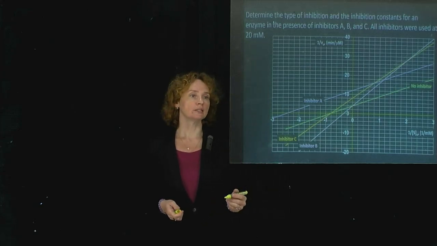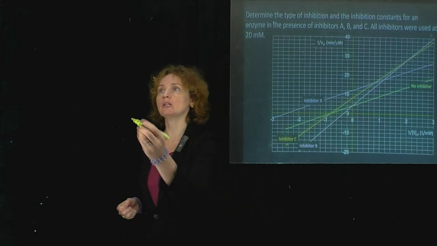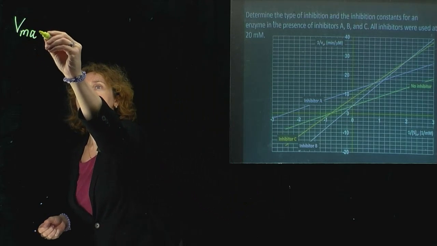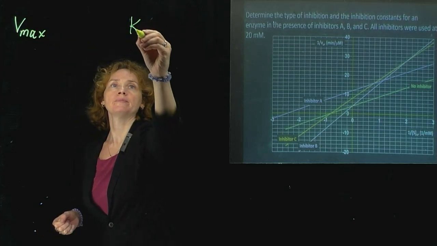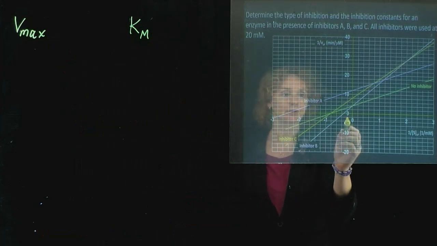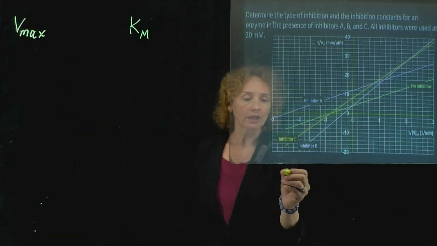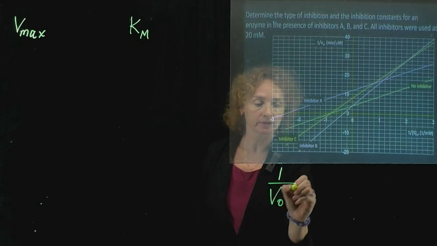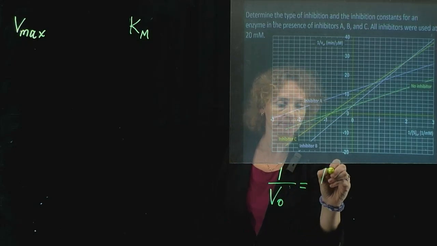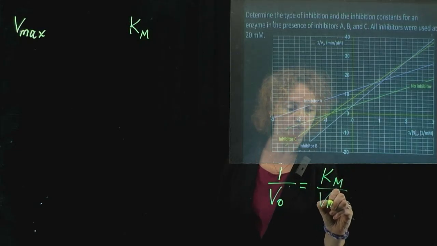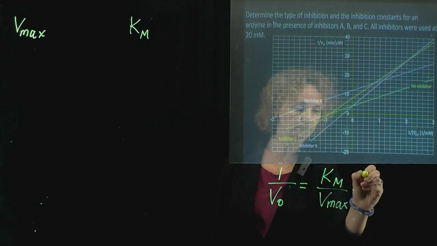So we will start by determining the kinetic parameters Vmax and Km in the absence of inhibitors. Let me write down the equation that describes the double reciprocal plot so that we can use it for our calculations.